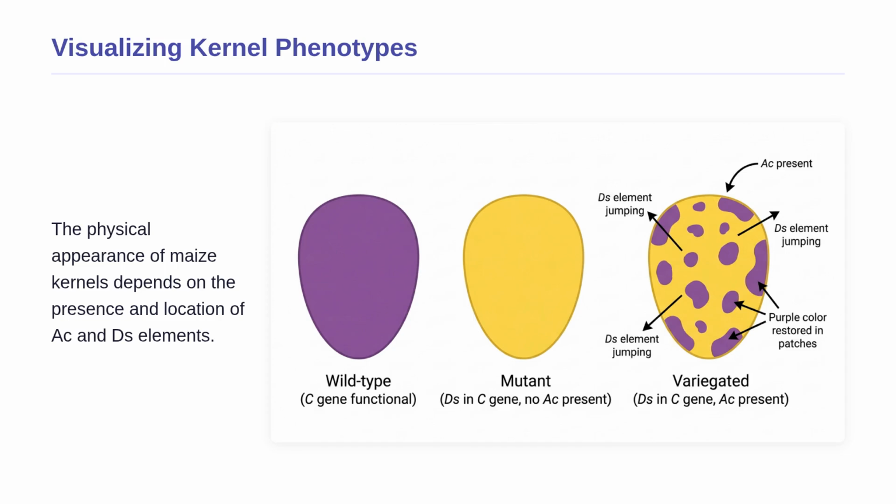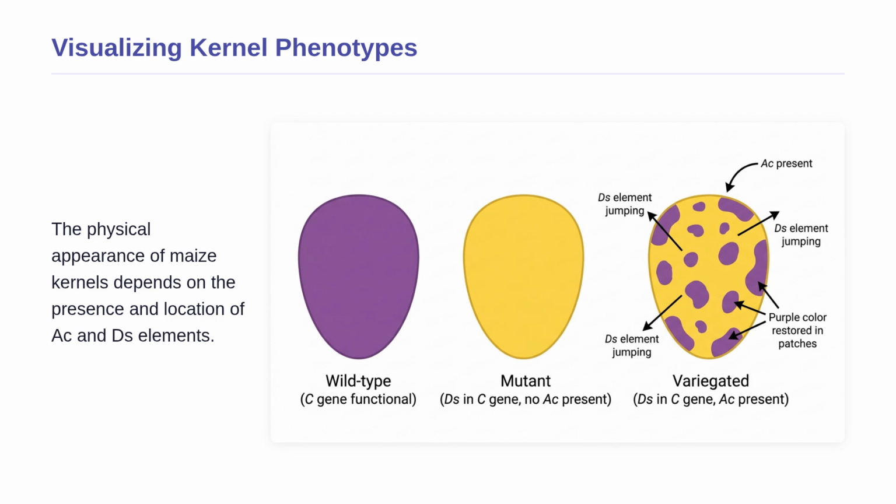Before we move on to the mathematics, let us see this system with a concrete visual example. On screen, you are looking at three different maize kernels. On the far left, we have the wild-type kernel, which is solid purple because its color gene is fully functional. In the middle, we see a solid yellow mutant kernel. Here, a DS element has jumped into the color gene, breaking it.